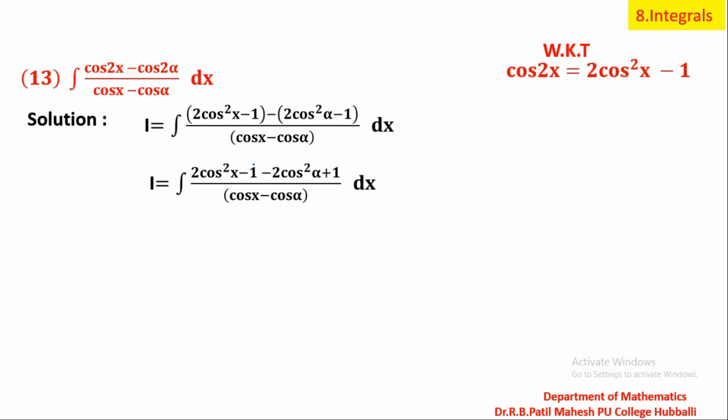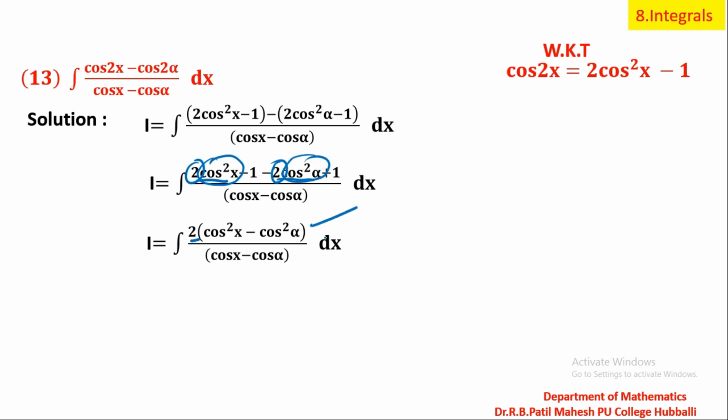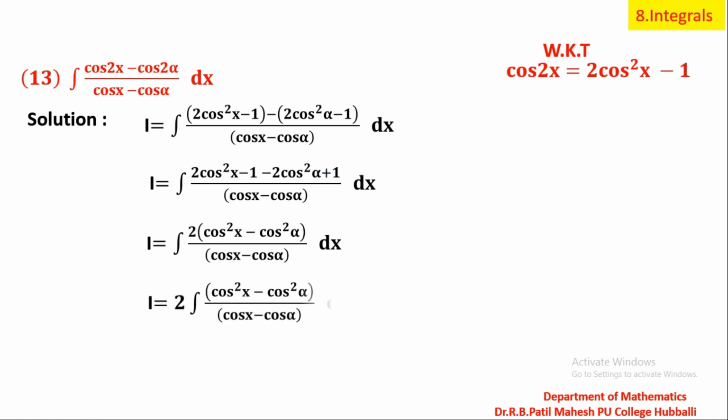So minus 1 and plus 1 get cancelled, and I write the remaining terms: integration of 2 cos square x minus 2 cos square alpha. Taking 2 common, the remaining terms are cos square x minus cos square alpha. Then 2 will be outside the integral because it is a constant. So, 2 times the integration of cos square x minus cos square alpha upon cos x minus cos alpha.